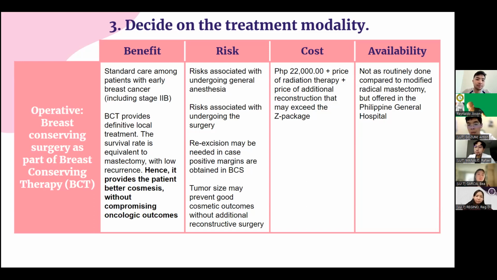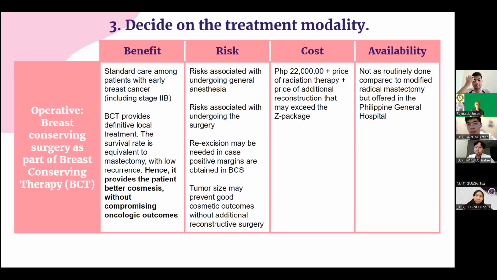So in terms of the price, the first case rate for breast reconstruction surgery, specifically partial mastectomy with axillary staging, would be at around 22,000 pesos for first case rate. However, we have to remember that breast conserving surgery is part of BCP.